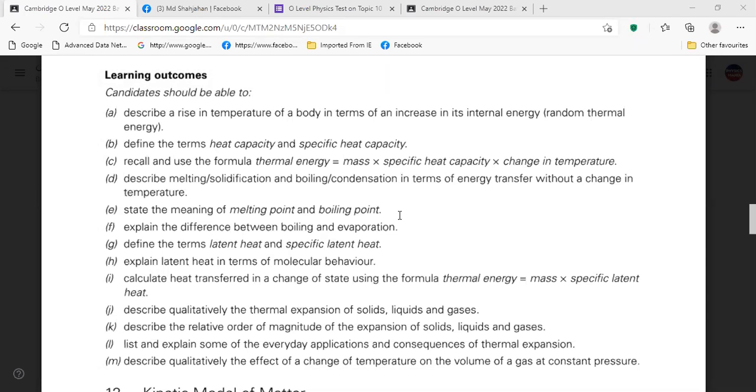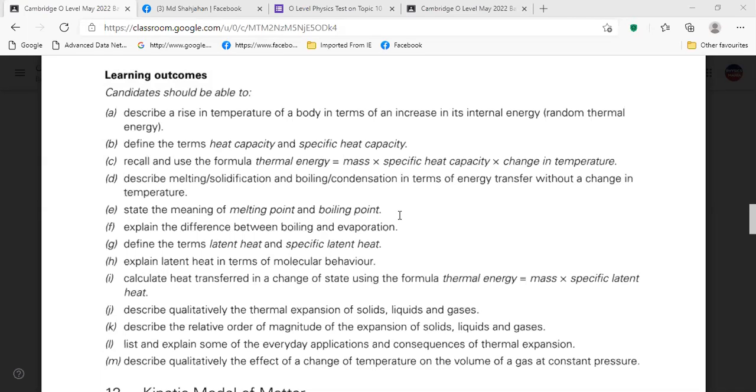But if you are saying 1 kg of wood, that is specific heat capacity. You divide the heat capacity by that 5 kg, and that's why it becomes specific heat capacity.